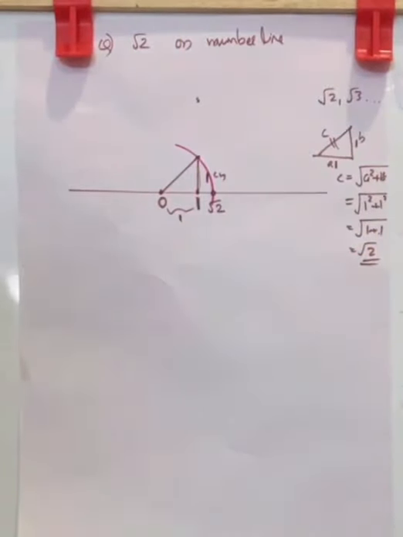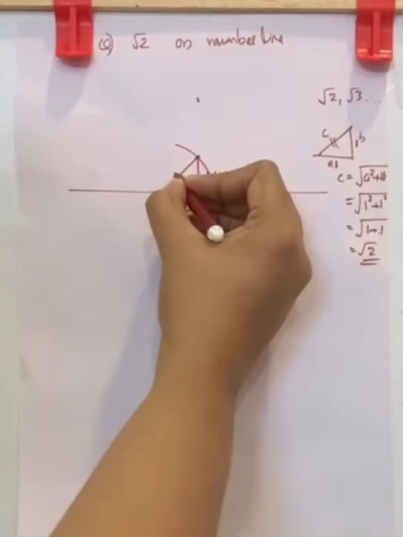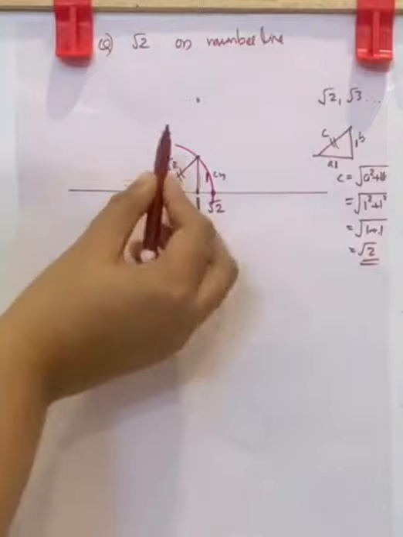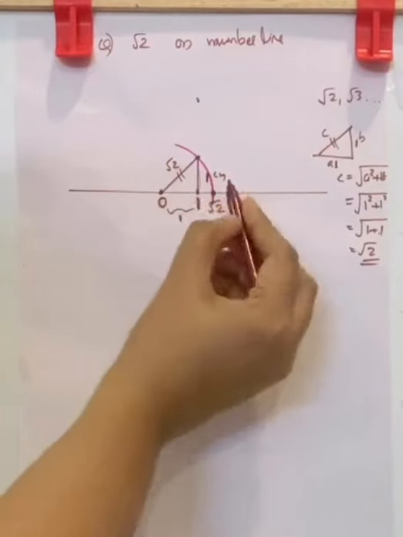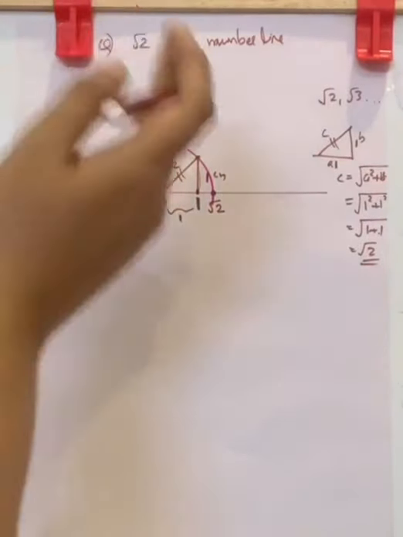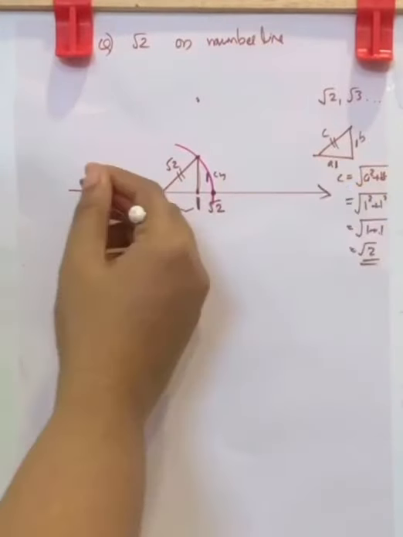Root 2. Now this value is root 2. So drawing an arc from here, it touches the number line at root 2. This is how you plot root 2 on the number line.